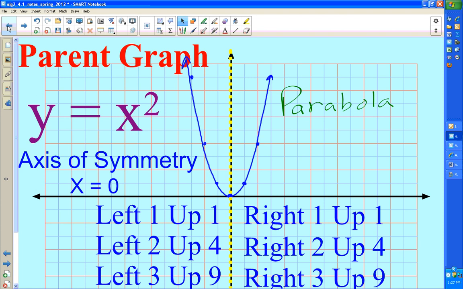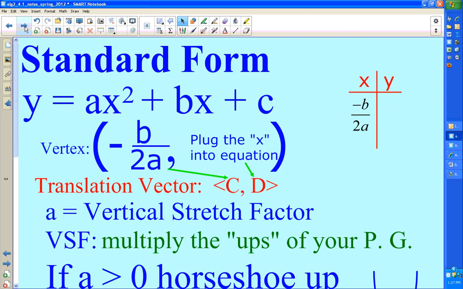The vertex. It's always going to go through the vertex. We have a bunch of ways of finding the vertex depending upon what form you're in. In standard form, here's how we find the x-coordinate of the vertex. Opposite of b over 2a. The opposite of b over 2 times a is the x-coordinate of your vertex.